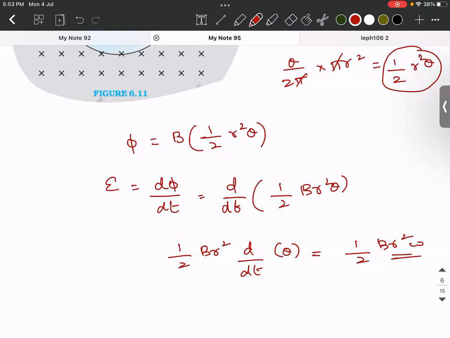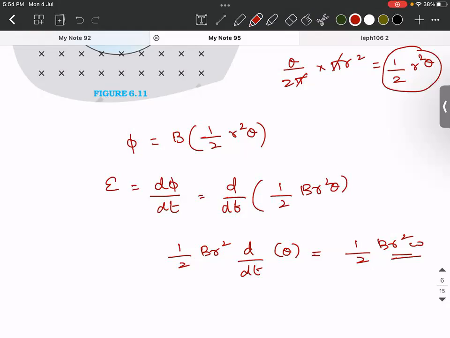So 2 points to be noted. This is also called motion EMF only. When the conductor is in linear motion, what is the value of EMF we got in the previous case? First listen, then you can write. In the previous case, when the conductor was moving in linear motion, we got B into L into v. Whereas if the same conductor is revolving in a circular path, then the EMF will be B R square omega divided by 2. So this can be used like a formula also to solve other problems. So clear?